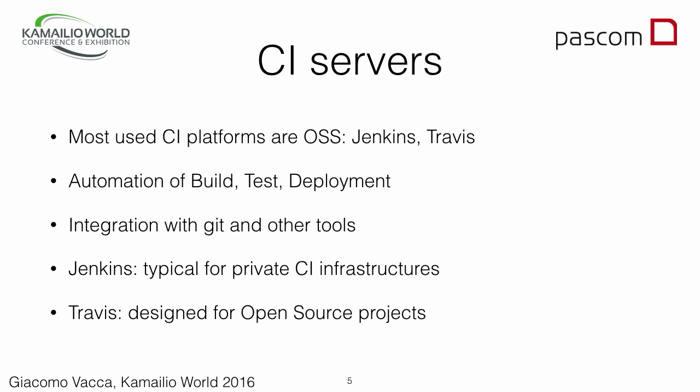Of course, they interact natively with tools like Git or private or public repos for packages or even Docker registries. Jenkins is the typical one used inside private projects or in general inside companies. Travis CI is more oriented to open source projects.